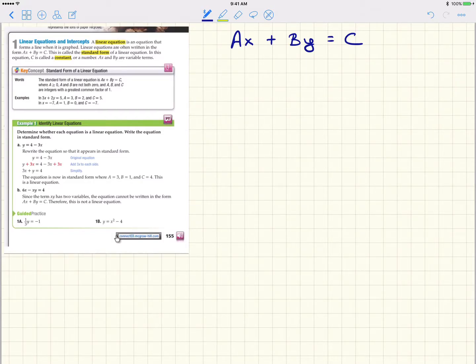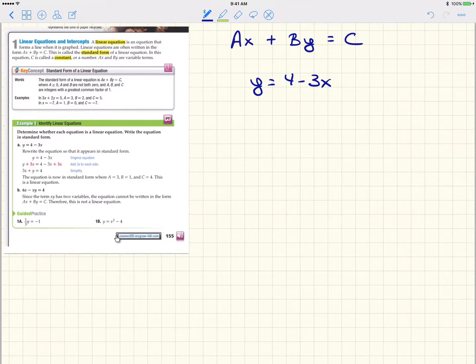Let's take a look at example one over on page 155. They give us an equation: y equals 4 minus 3x, and what they want to know is, is this equation a linear equation? Does this equation describe a line? There's a couple of different ways that we can do this.